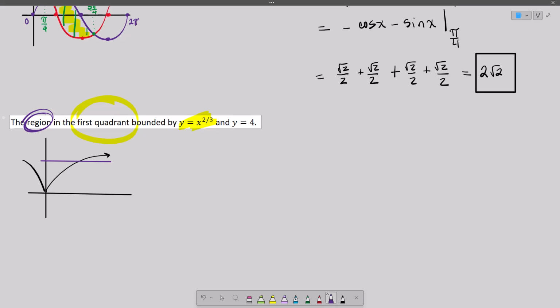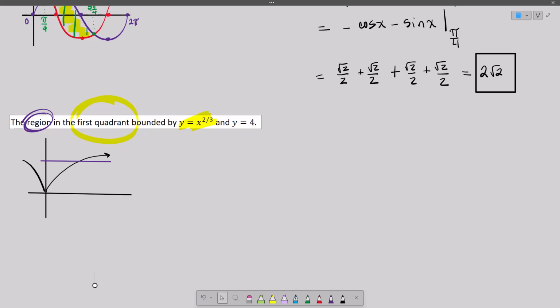So this says the region in the first quadrant bounded by these two curves. If you look at this little space right here, that's not bounded. Bounded means that you could draw a circle around the whole region. This region right here is unbounded because it goes on forever, and this region is unbounded because it goes on forever.